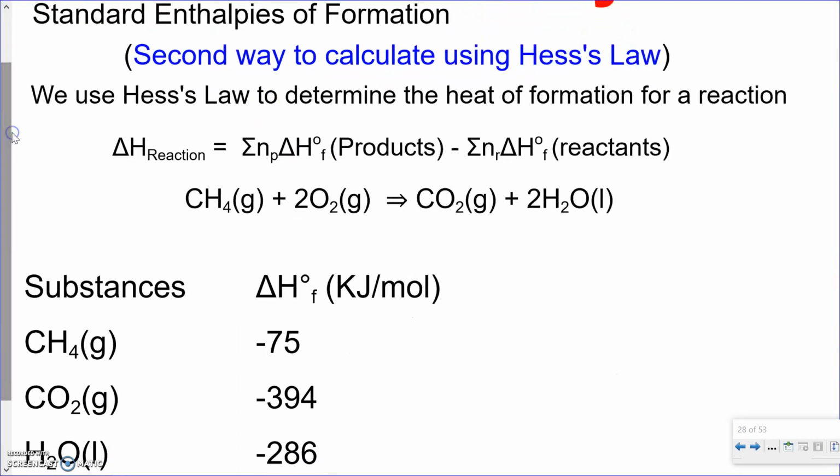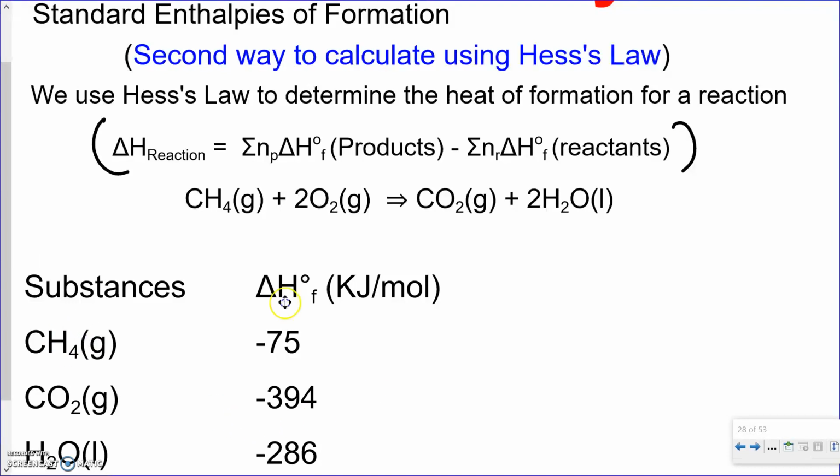Instead of having to do that, let's say we're given a reaction and we're given the standard enthalpies of formation. All we have to do is plug everything into this equation, which would add up to what we were doing originally. So think about it this way.